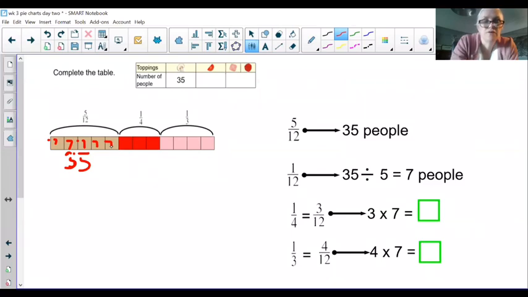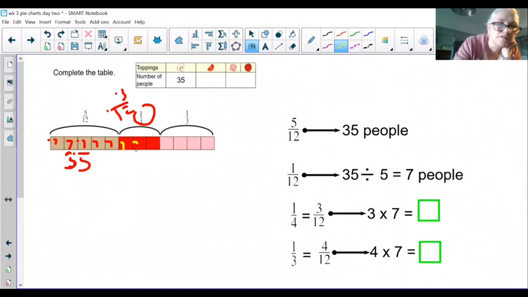And then 1/4 here is 3/12ths. And each one of these is 7. Then that means that 3 times 7 is 21.